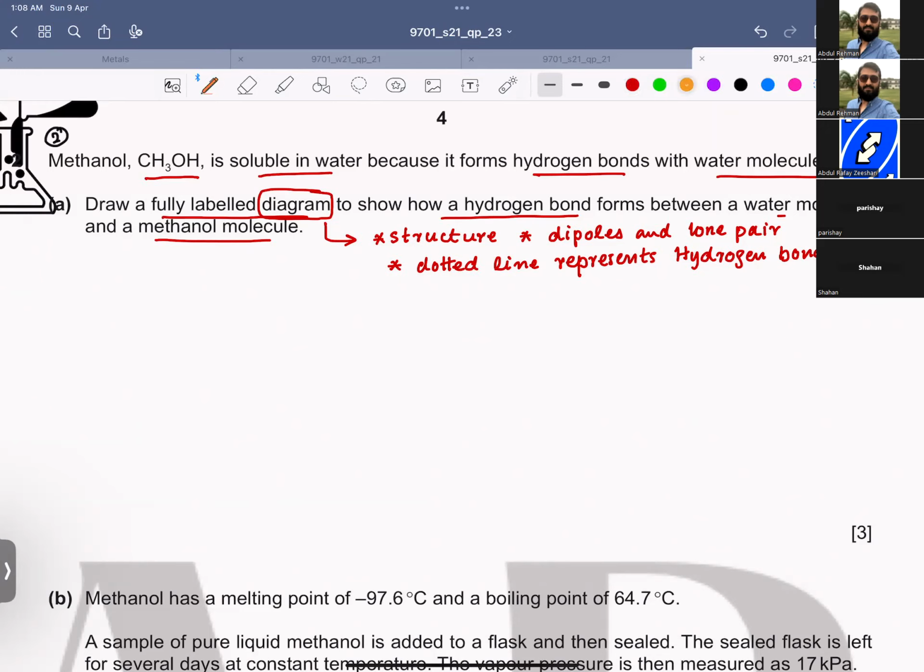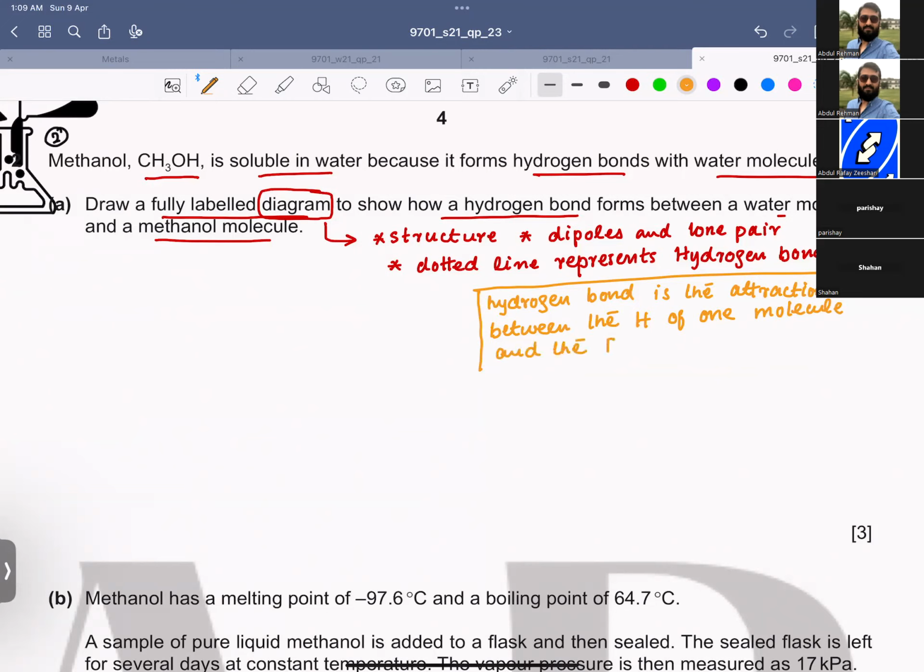Another thing you have to keep in mind over here is that a hydrogen bond is the attraction between the hydrogen of one molecule and the fluorine or oxygen or nitrogen of another molecule.